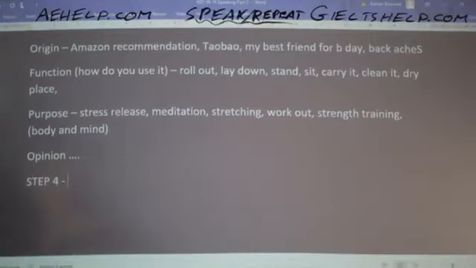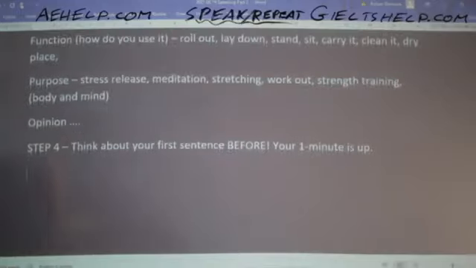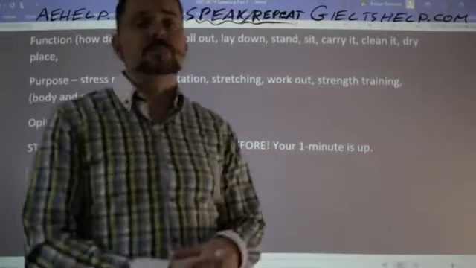Step 4 is think about your first sentence before your 1 minute is up. Another very common mistake in speaking part 2 is candidates don't speak quickly enough.